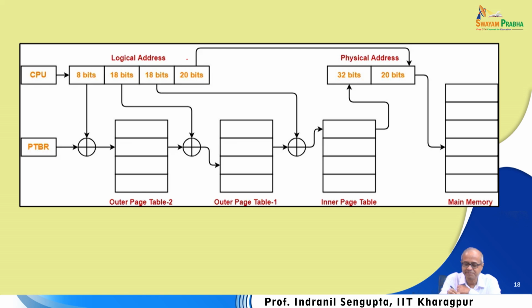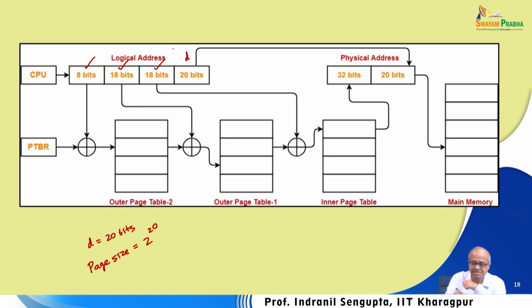Here we assume our offset D is 20 bits, which means page size is 2 to the power 20, that is 1 megabyte size pages, and the remaining bits, 64 was the total, so the remaining 44 bits we divide into, let us say, 8, 18 and 18.